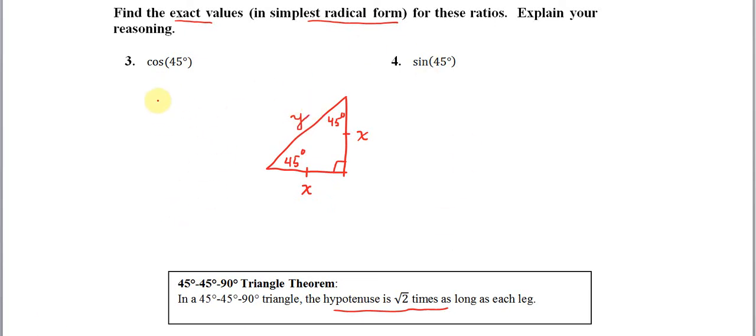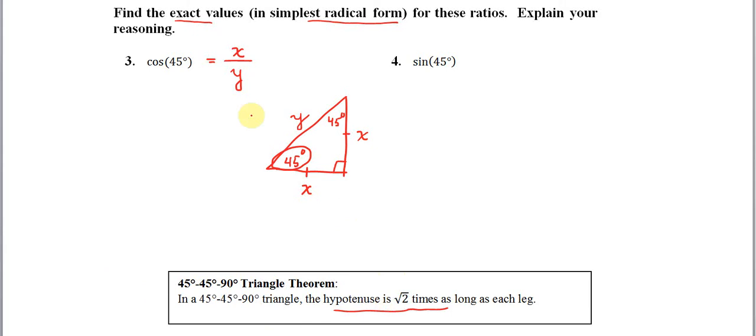Okay. So the cosine of 45 is equal to the ratio of the leg, and we'll use this angle here as our reference, the leg adjacent, right? So TOA, the leg adjacent, which is x, divided by the hypotenuse, which is y. Now that doesn't seem to get us anywhere until we apply this theorem.